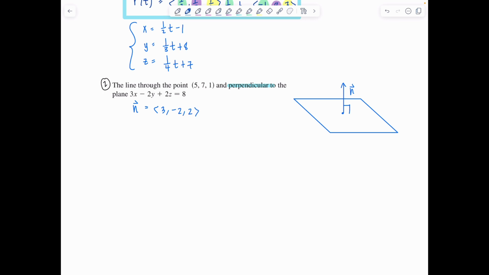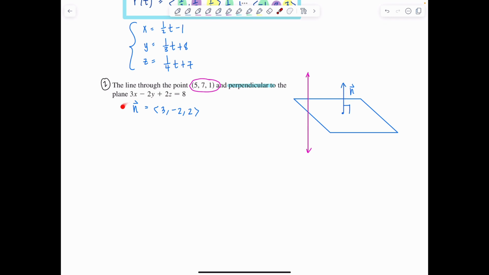Okay, now they told me the line whose equation I want goes through this point here. That's great. So that's my x0, y0, z0. And our line is perpendicular to this plane. So our line, I don't know where it's floating, somewhere over here, it's perpendicular to the plane as well, which means it's parallel to the normal vector.